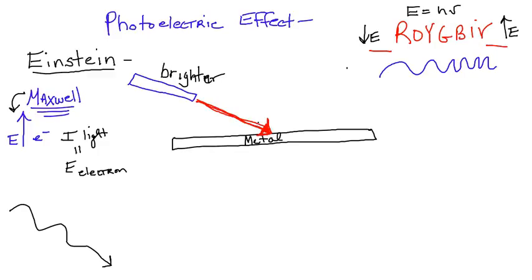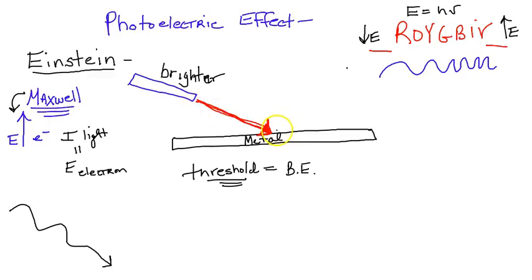You see, in order for the metal to emit electrons, we needed to reach its threshold minimum amount of energy. Einstein called this binding energy, meaning we somehow had to reach the minimum amount of energy to pull the electron away.